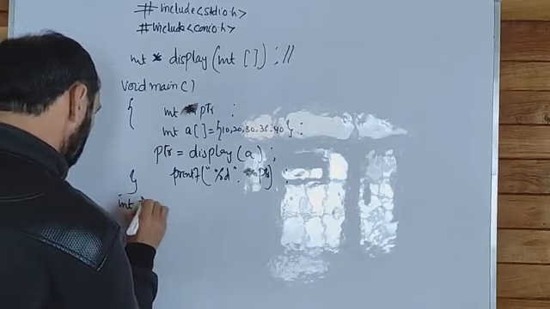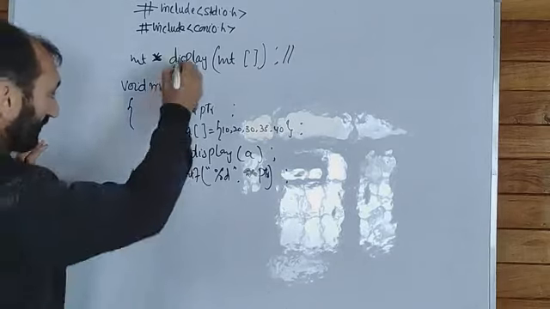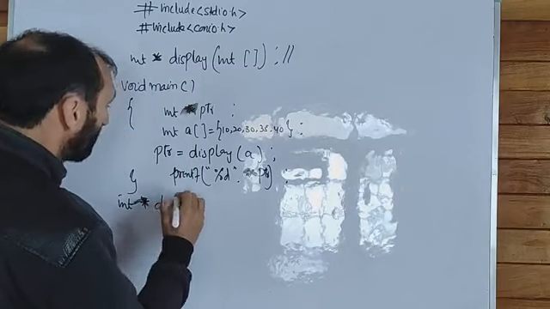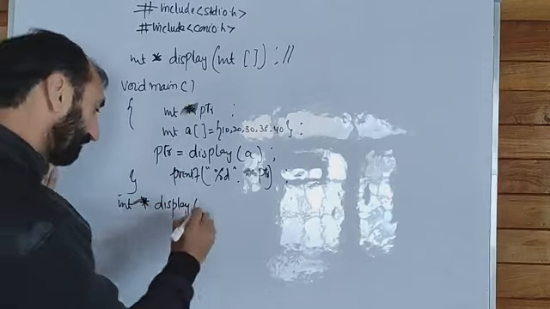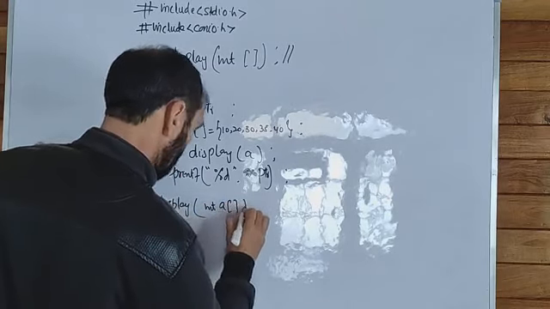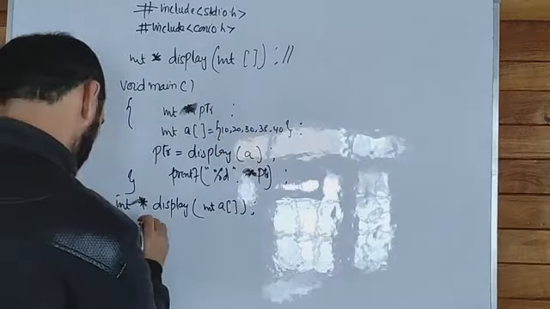The return type is int pointer. The name of the function is display, and int a, this is going to be passed.